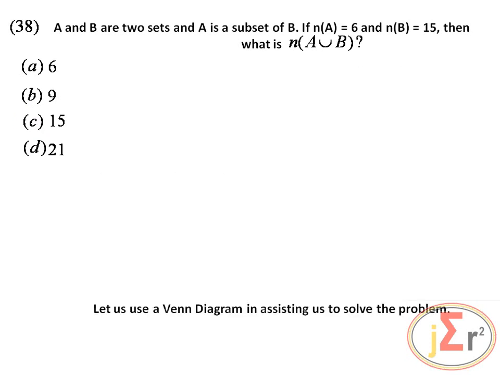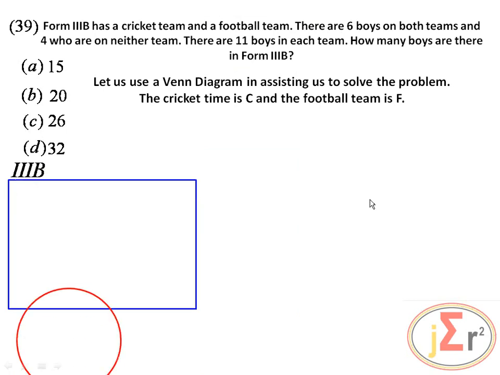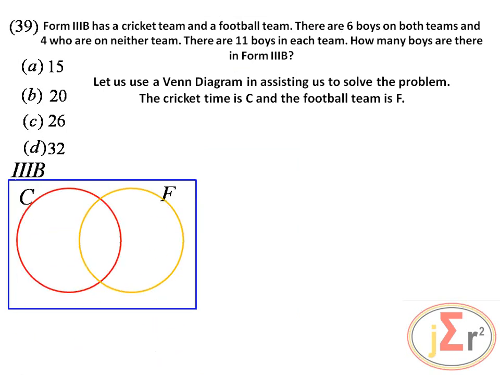Let us take a second look. So we will use, in this particular case, a Venn diagram in assisting us to solve the problem. There are 6 boys on both teams.